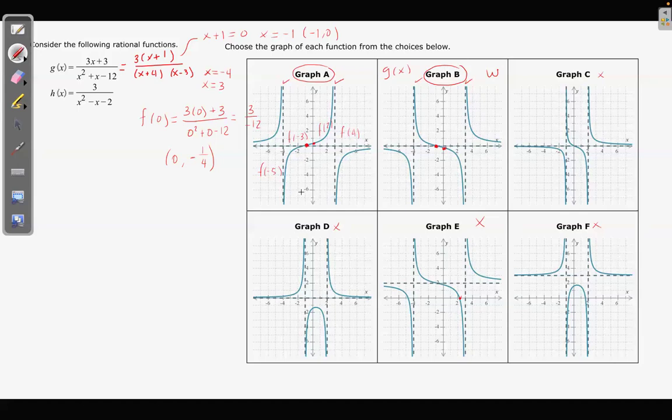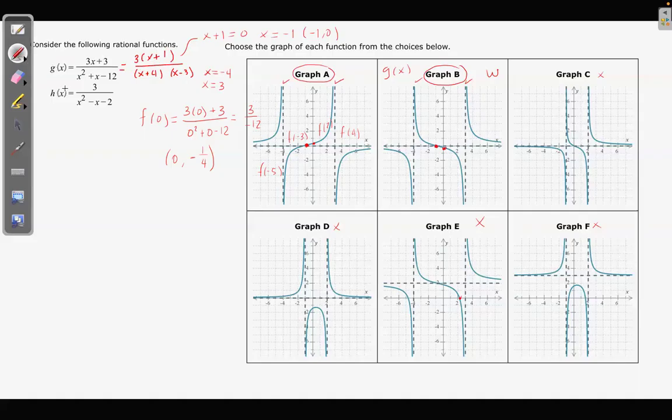So that would be a fair assessment at the end to see if that is actually graph A. But I think that's enough information. That's enough to tell which is which.